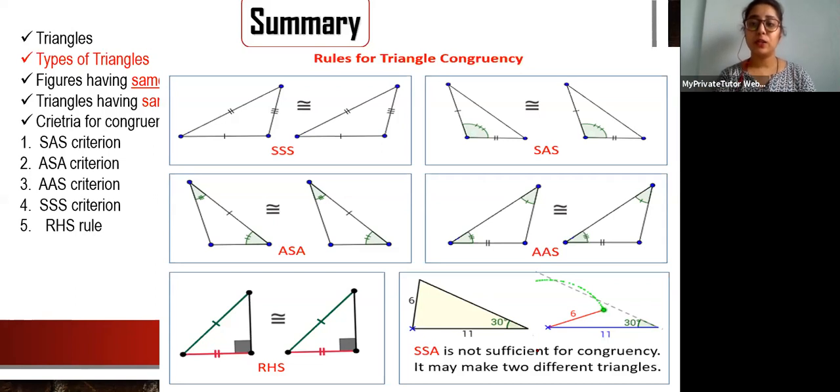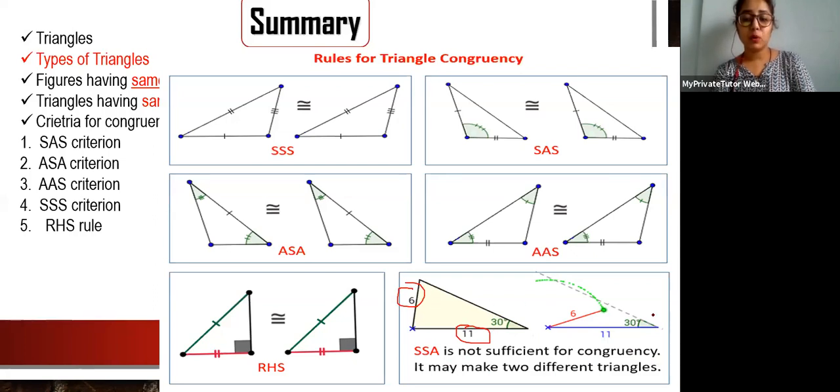Now I have to tell you a very important part. Like we just saw angle angle side, you might think that it can be SSA as well. But that is not possible, because SSA is not sufficient for congruency. It may make 2 different triangles. Here you can see that here it is 11 and here it is 6, and here the angle is 30° and here the angle is 30°.